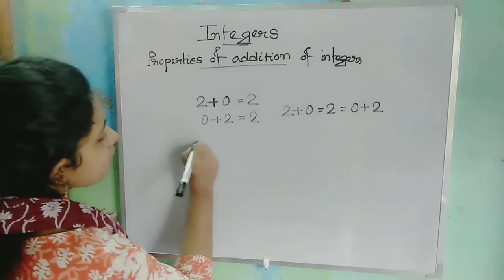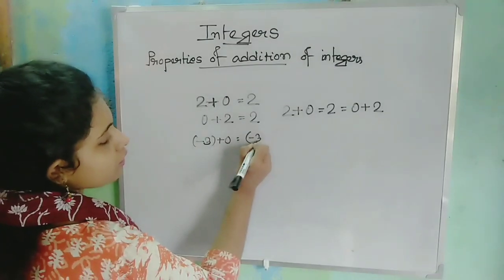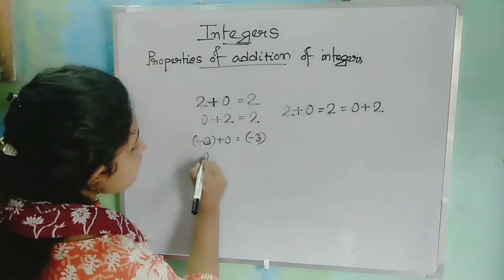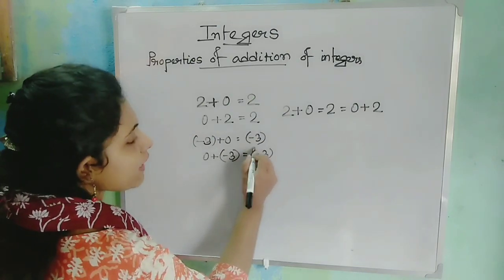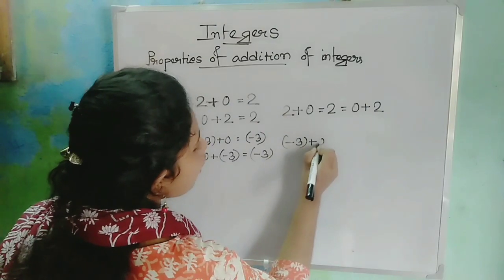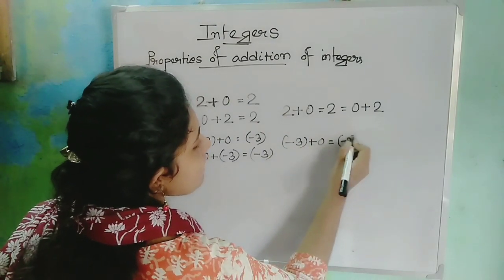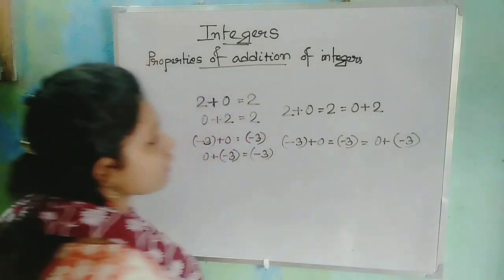Again, minus 3 plus 0 equals obviously minus 3, and 0 plus minus 3 is also minus 3. So minus 3 plus 0 equals minus 3 equals 0 plus minus 3.